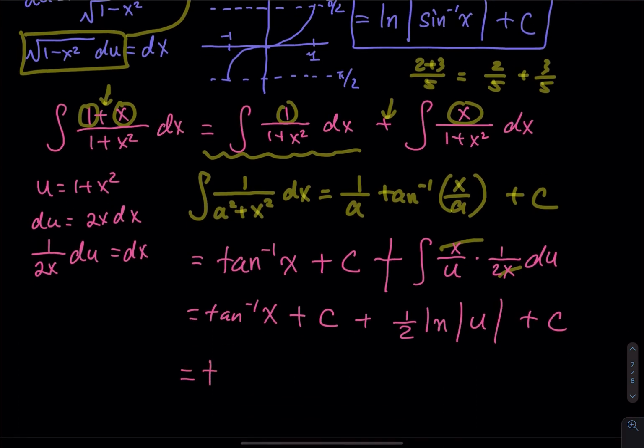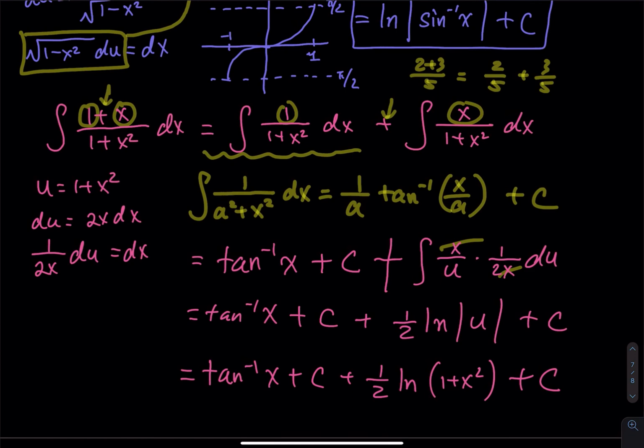And then we have inverse tangent x plus c plus half ln. Do we need the absolute value? The answer is no. 1 plus x squared is positive, absolutely positive. That is a parabola shifted 1 unit up. You square a quantity, which is nonnegative, and you add 1 to it, that is guaranteed positive. So you can just use the parenthesis, plus c.